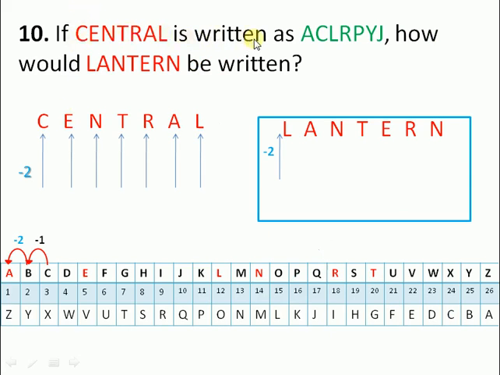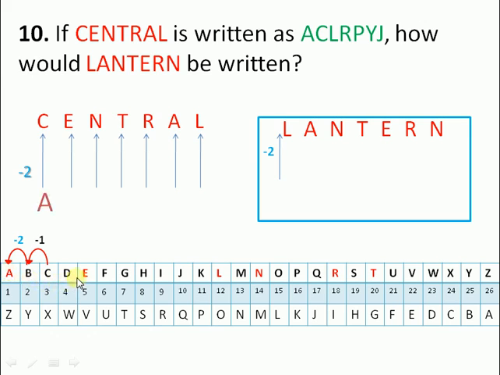Now the 10th question. If CENTRAL is written as ACLRPYJ, how would LANTERN be written? In CENTRAL, C is converted to A. That means it is skipping backward twice.